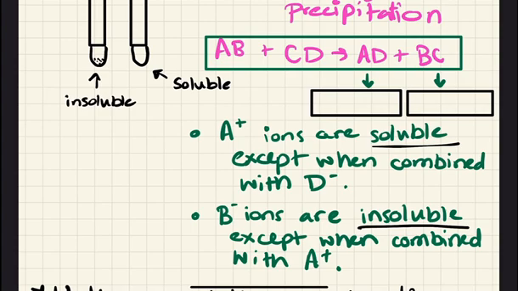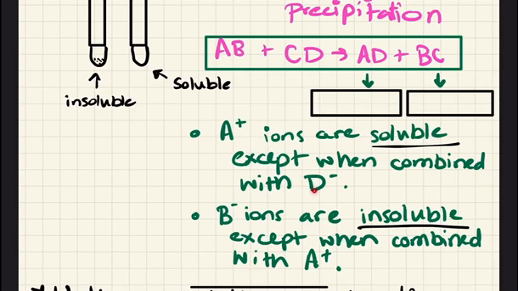So if we were to follow these two rules, we could think about the compounds in our overall reaction to try to decide which ones might be soluble. So A+ ions are soluble. So the two compounds that have A+ in them are AB and AD. But the rule says this is not true when it's combined with D-.